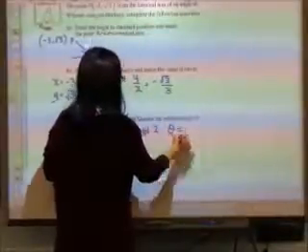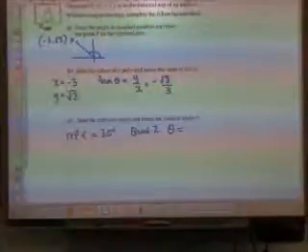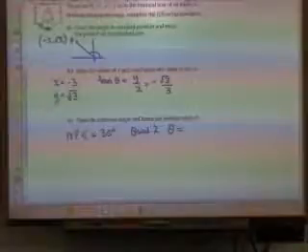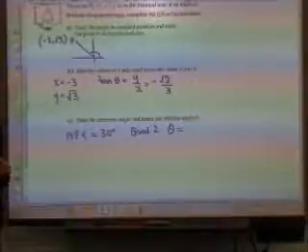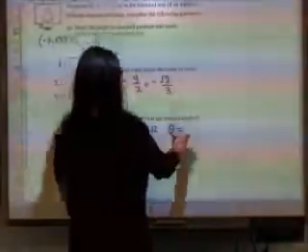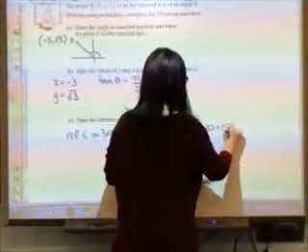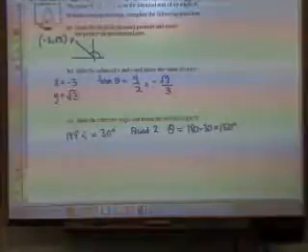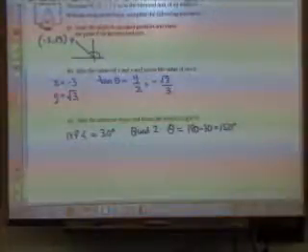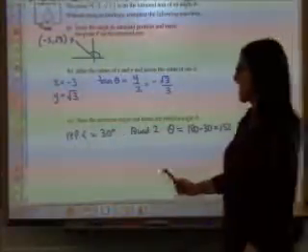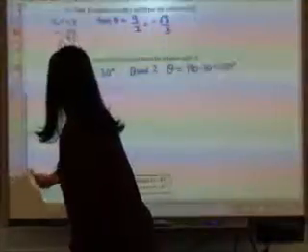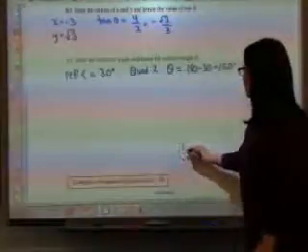So what is theta in quadrant 2? 150, 180 minus 30. So what I want you to do now is to work on questions 4 and 5.